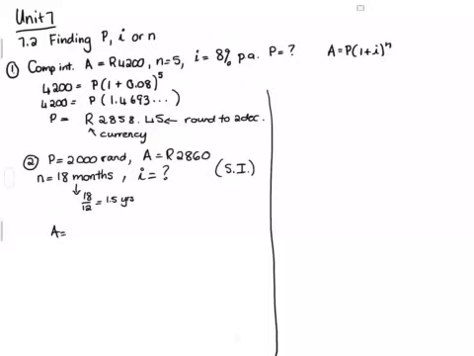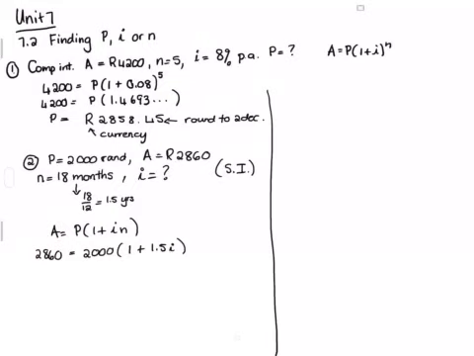Give your general formula, write out your formula, because it's simple interest, it's not to the power. Fill in your numbers, those that I know. I don't know the I, so I have 1 plus 1.5i.